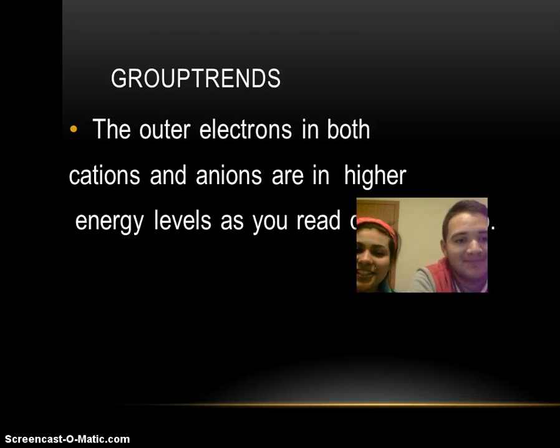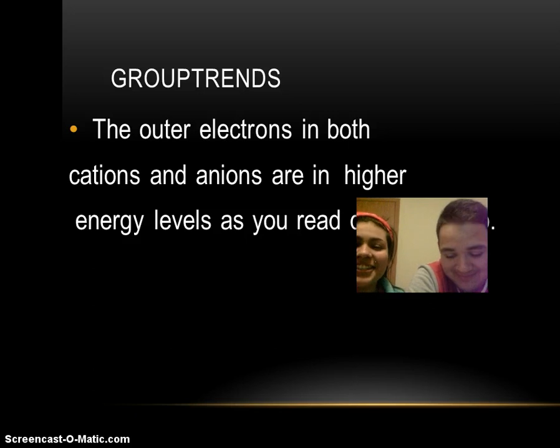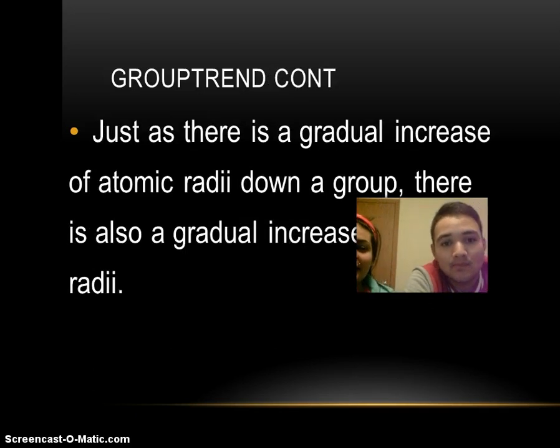Group trends. The outer electrons in both cations and anions are in higher energy levels as you read down a group. Just as there is a gradual increase of atomic radii down a group, there is also a gradual increase in ionic radii.